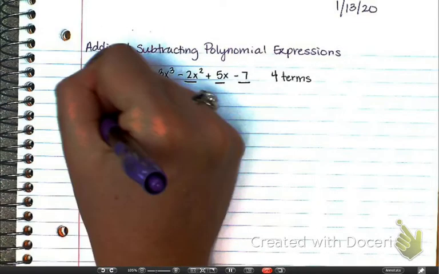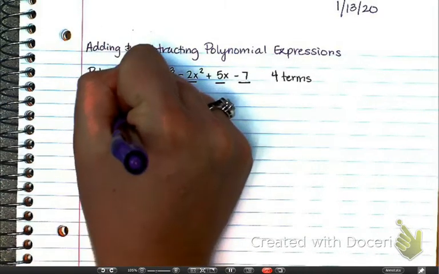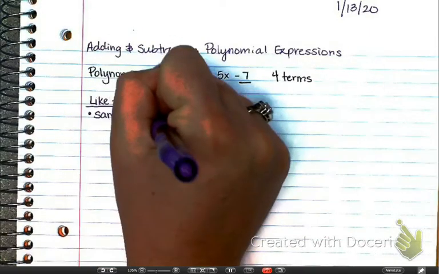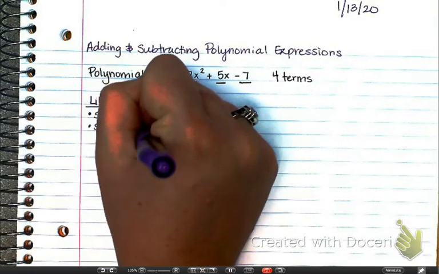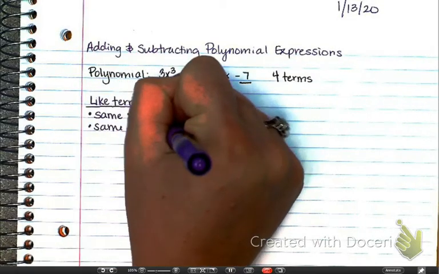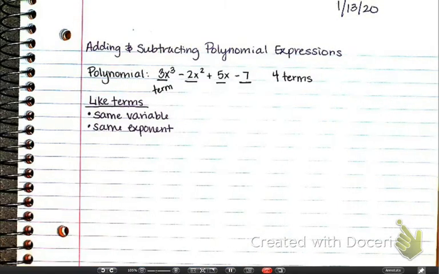Okay, I'm going to call it the same variable. So same variable, same exponent. So in order for something to be a like term, it has to have the same variable and the same exponent. If it doesn't, we cannot combine them together.